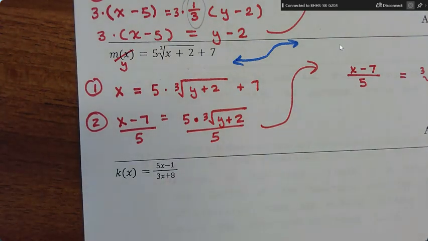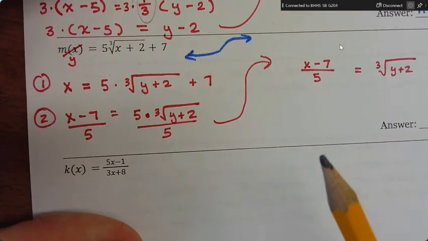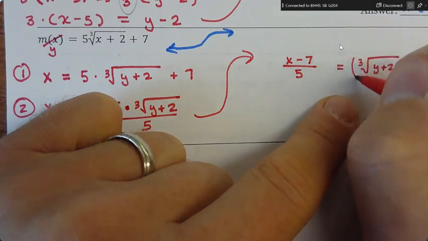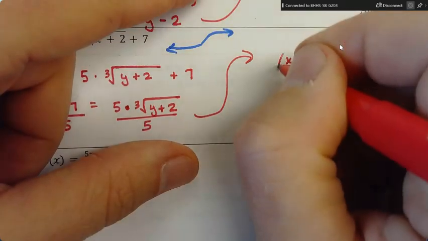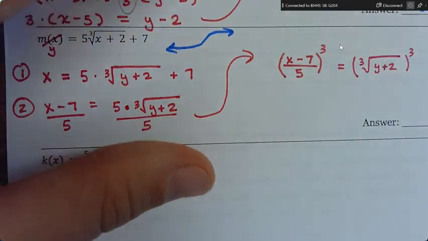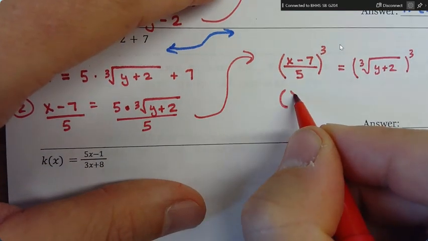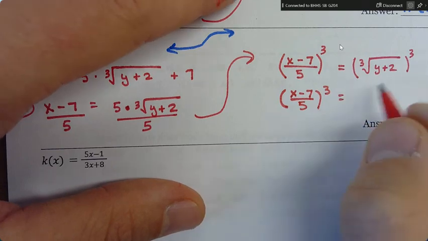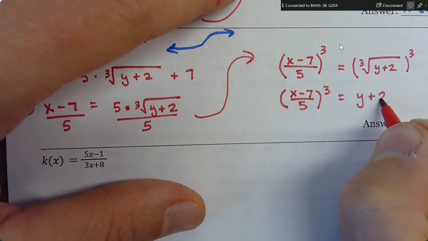All right. Yeah, I like that idea. Now that we've got that cube root by itself right there, we can cube both sides. So we're getting x minus 7 over 5 cubed is equal to y plus 2.